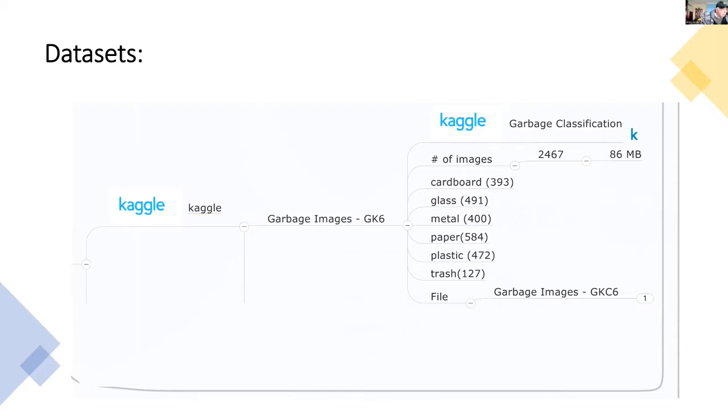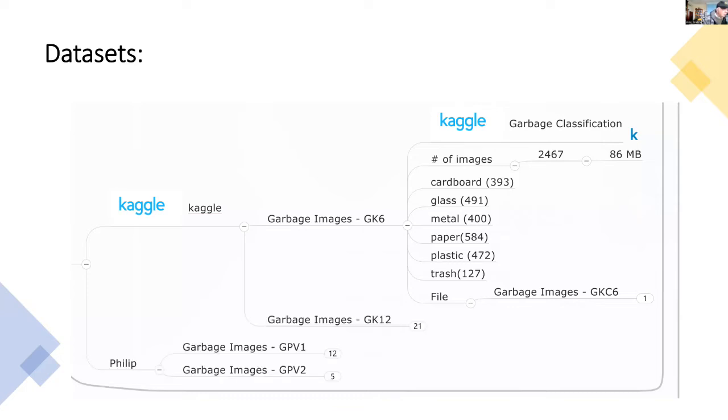And we'll use that next week. But we'll actually use a subset of that just to get the process going this week. So instead of, say, 393 images for cardboard, we'll only use 50. So we'll use the first 50 of each of these categories to train our model.